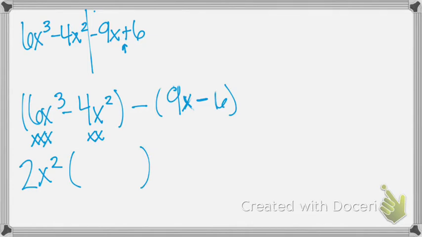I have a 2x squared, but I want a 6x cubed, so I should multiply by 3x. I want a -4x squared, but I only have a 2x squared, so I should multiply by a -2. I bring down my sign, and I think, what number goes into 9 and 6? Well, that's a 3.